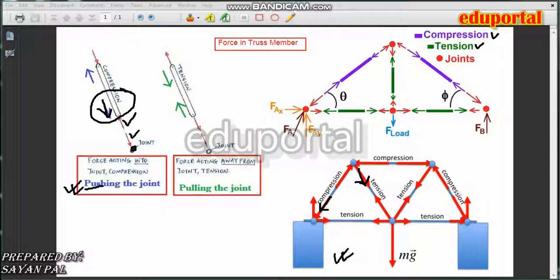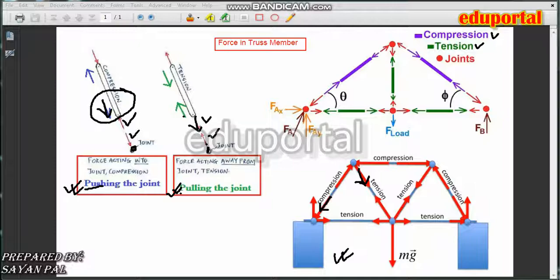Similarly, we can see this joint. In this joint the member is pulling, so this is the force applied by the member to the joint. So the member is pulling the joint. Because of Newton's third law, the joint will also pull the member. So this is the direction in which the joint will pull the member.